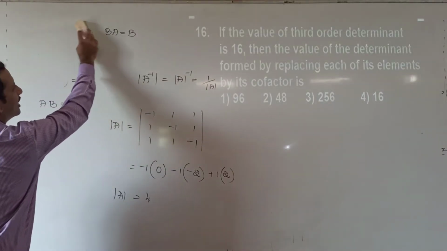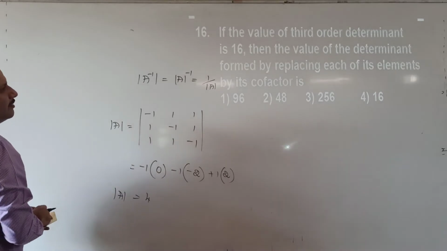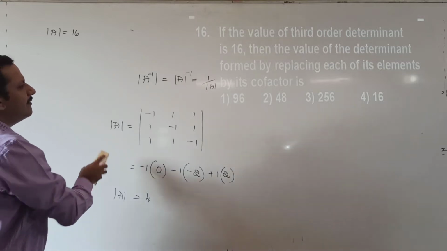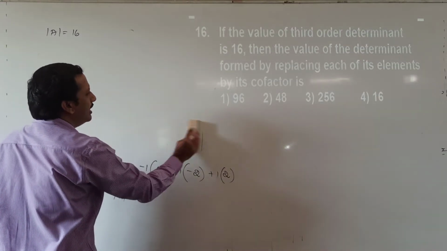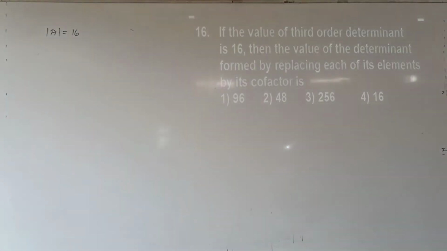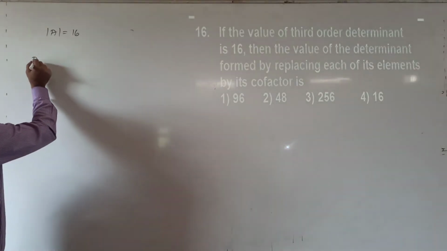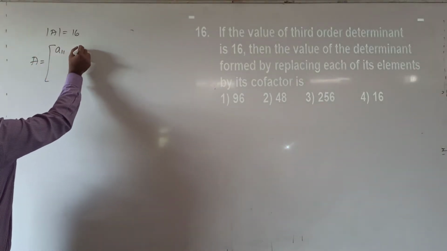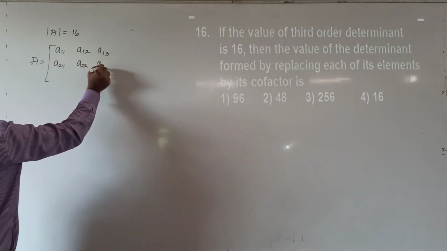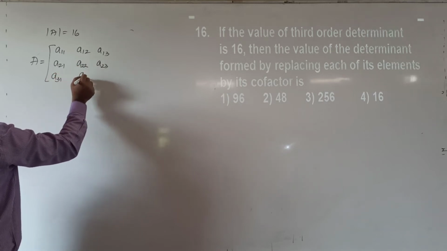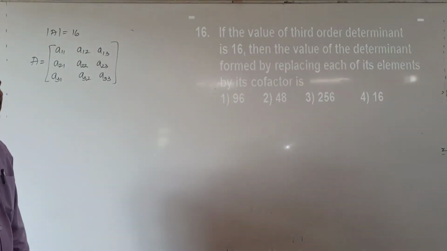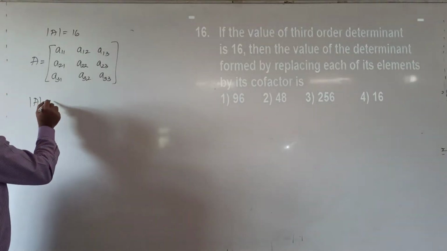Then 16th question. If the value of a third order determinant is 60, let me call that A. Determinant of A is equal to 60. Then the value of the determinant formed by replacing each of its elements by its cofactors is. Say, let me take A is equal to a third order matrix A11, A12, A13, A21, A22, A23, A31, A32, A33. Okay, this is the matrix A. Its determinant is 60, they have given.